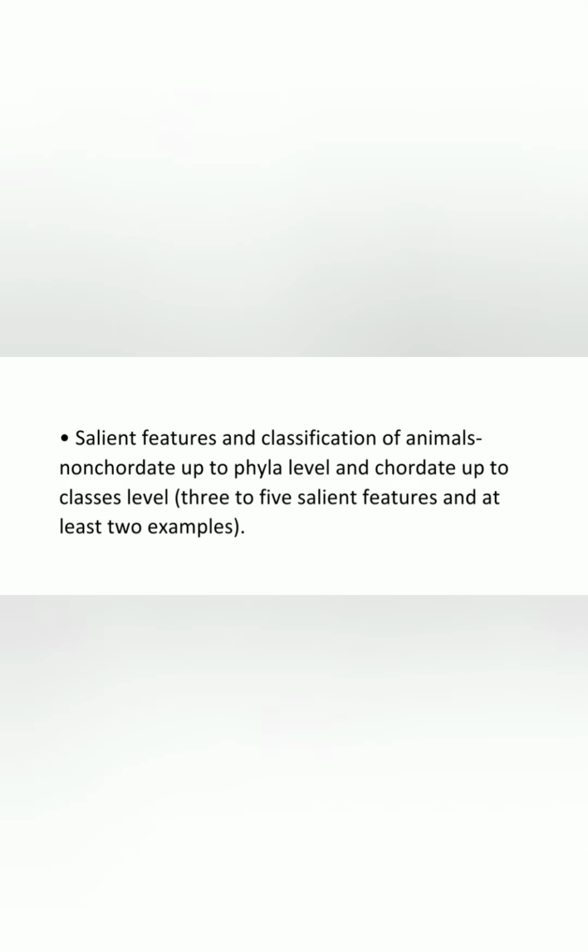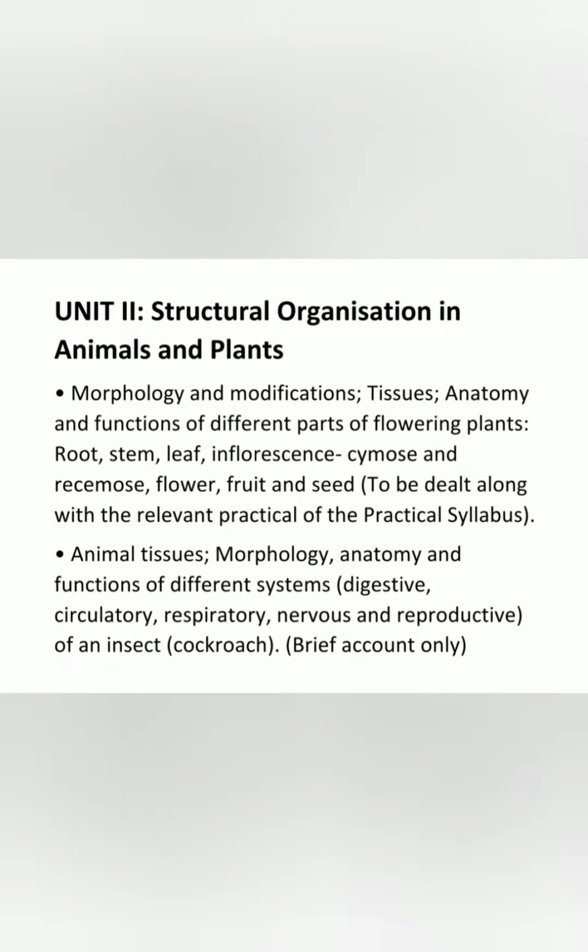This same unit includes salient features and classification of animals, non-chordate up to phyla level and chordate up to classes level. Unit 2 is structural organization in animals and plants like morphology and modification, tissue, anatomy and functions of different parts of flowering plant like root, stem, leaf, inflorescence like cymose and racemose, flower, fruit and seed.